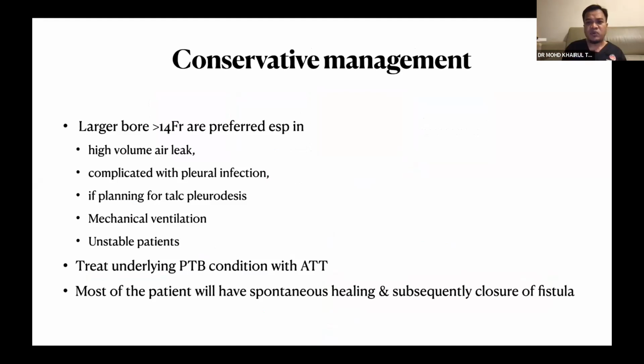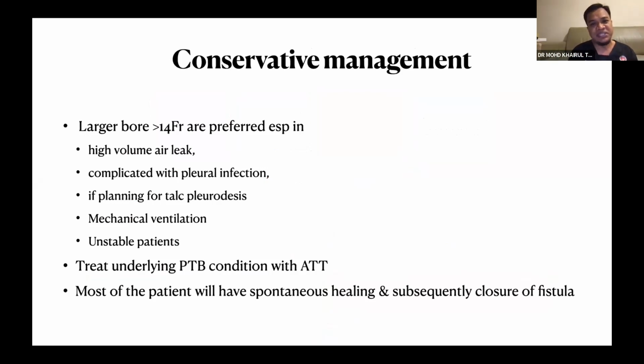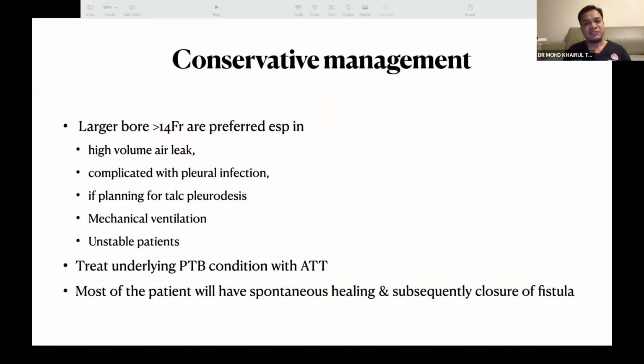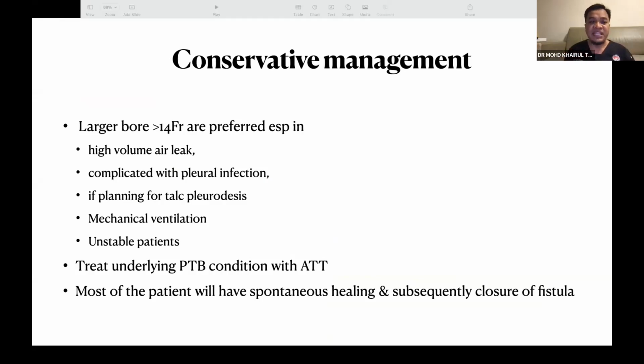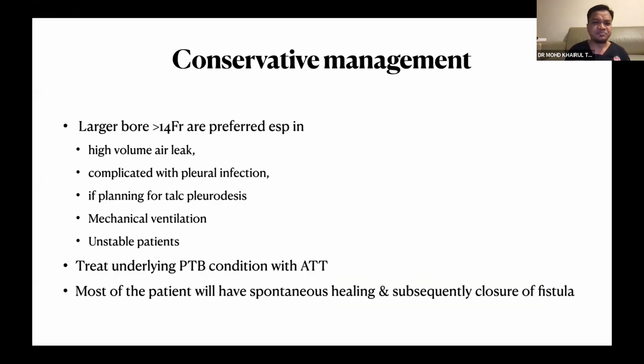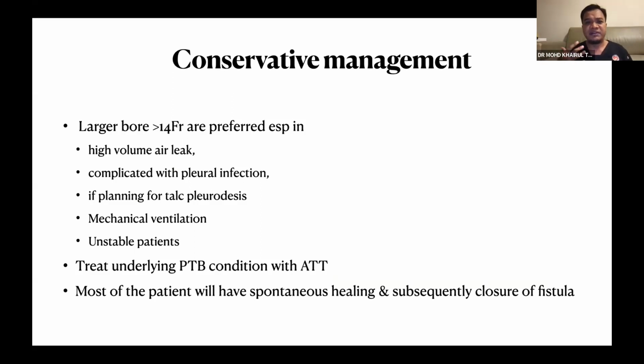So let's talk about conservative management. Surprisingly, in bronchopleural fistula secondary to PTB, they prefer conservative management. So let's say you opted for conservative management. The literature recommends that you need a larger bore catheter or larger bore tube, at least 14 French and above, especially when you suspect a very high volume air leak, when the pleura becomes infected or empyema, if you plan for paralysis, and if the patient is on mechanical ventilation.